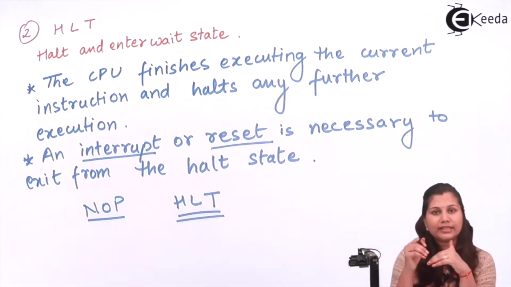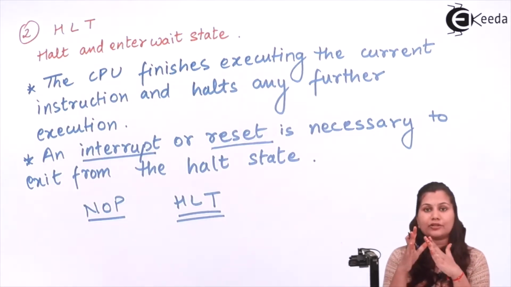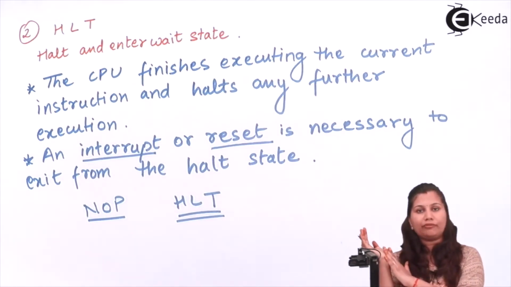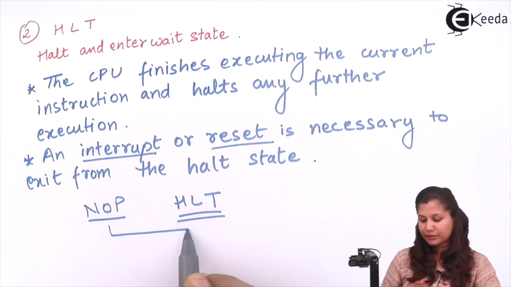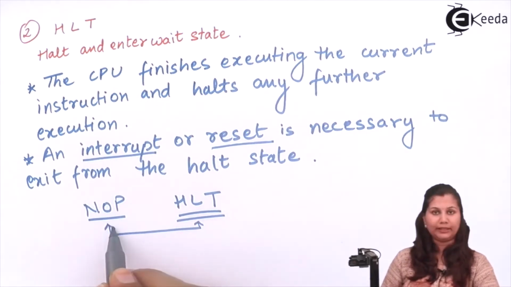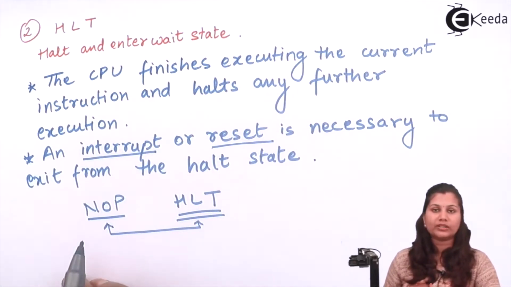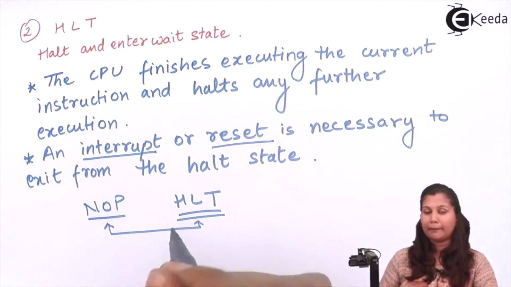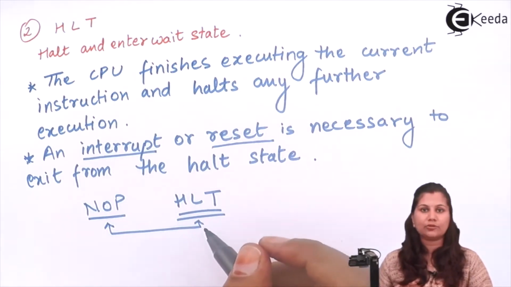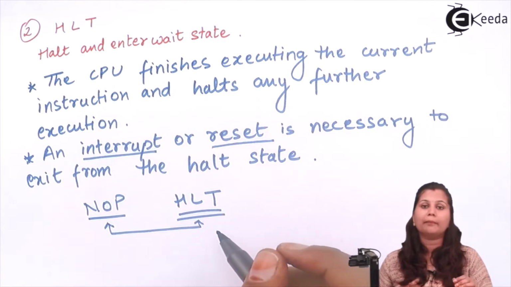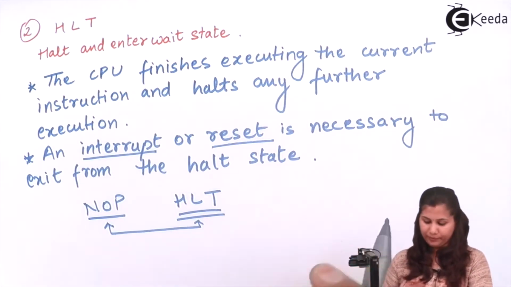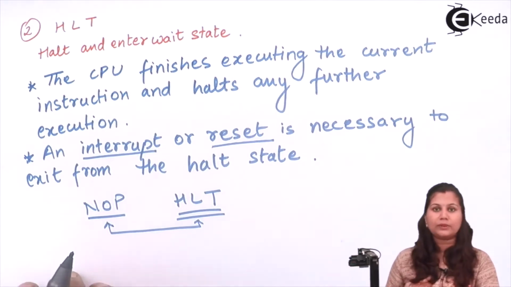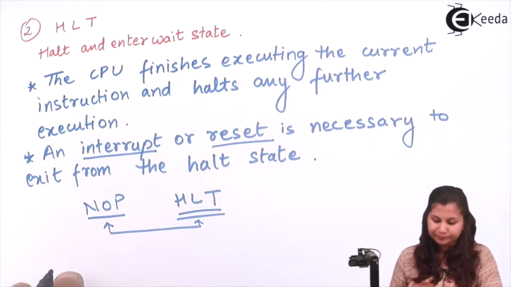But if HLT is written, then the current instruction will be executed, but any further execution of any instruction will be stopped. So that is the difference between NOP and HLT. NOP does not allow the execution of the instruction, but HLT allows the execution of the current instruction and stops the execution of any further instruction.